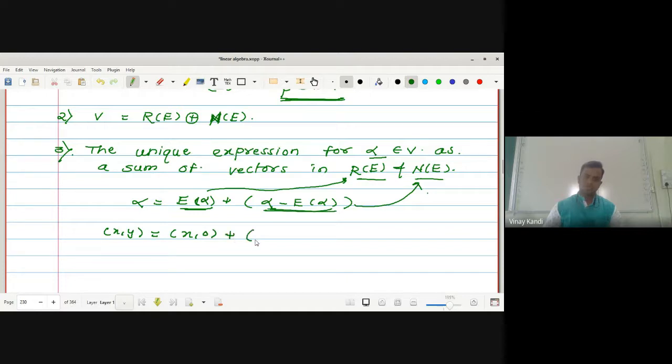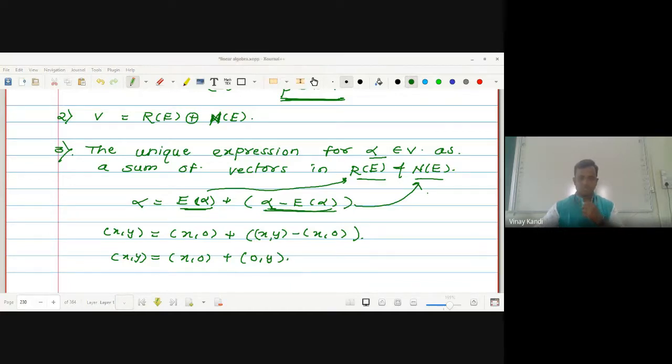What is alpha, x y? What is E of alpha? x0. येतोय का सॅटिस्फाय होतोय का पहा आधीच्या डेफिनेशननुसार, आधीच्या एक्झाम्पलनुसार. प्लस हा काय आला, x minus x0, ओके, and y. Is it correct? Yes, sir.